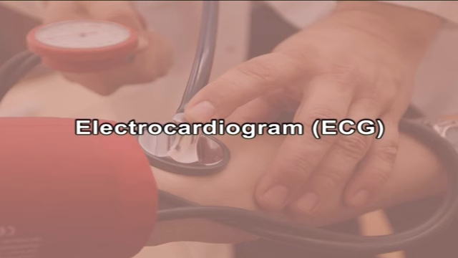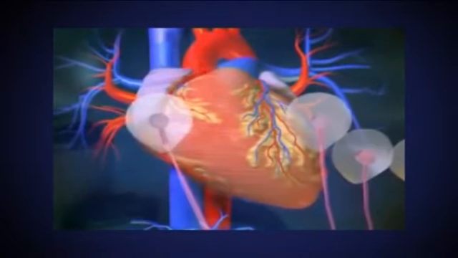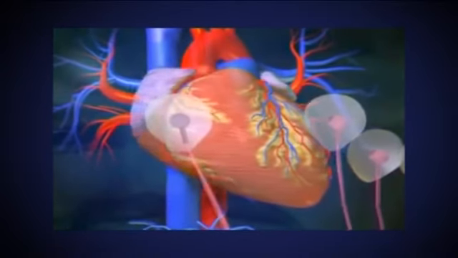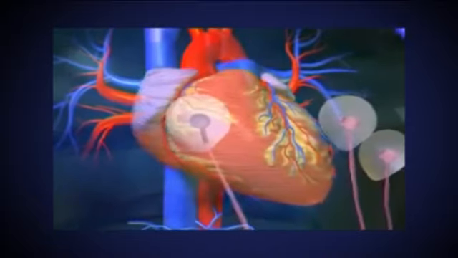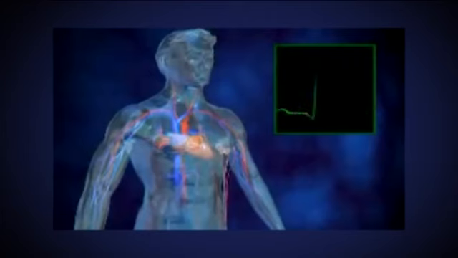Another method is the electrocardiogram. It is one of the most representative characteristics of heart work. ECG represents the heart's electrical activity recorded from electrodes on the body surface. The sinus node is one of the cardiac conduction system elements that control the heart rate.